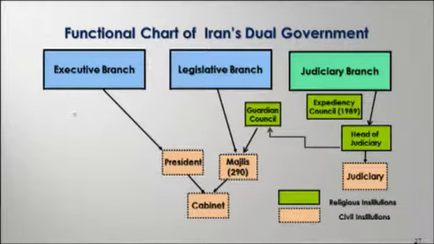Second, the Council has exceptionally broad vetting powers. All candidates in all elections, whether they're for the Parliament, whether they're for the presidency, or for another organ that later I will discuss, the Assembly of Experts, they all must first be vetted and approved by the Guardian Council in order to be eligible to participate in election.